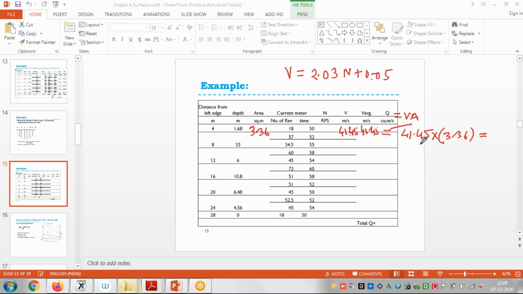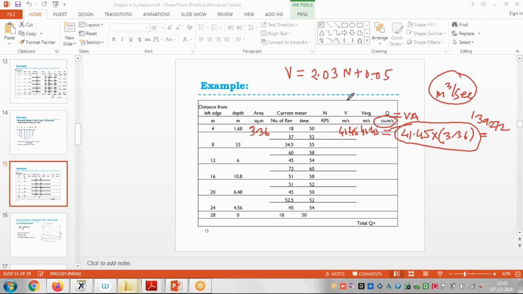How much discharge are we getting here? 139.272 meter cube per second. That is meter cube per second only.